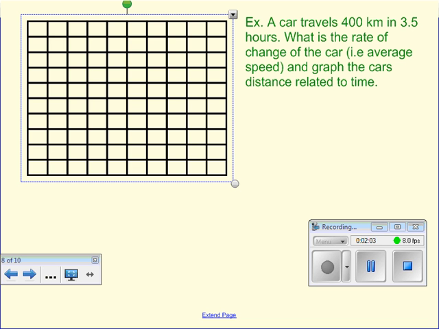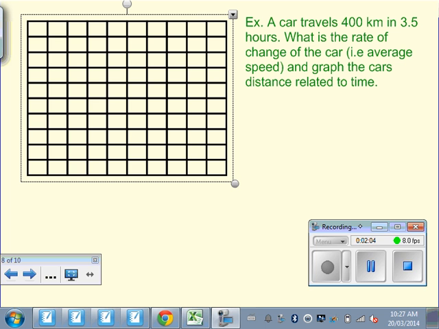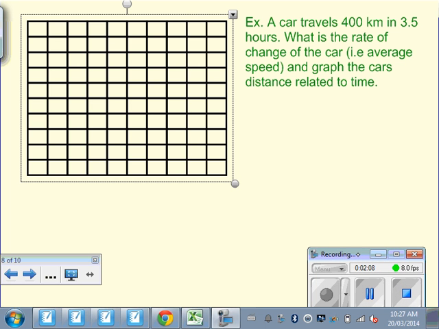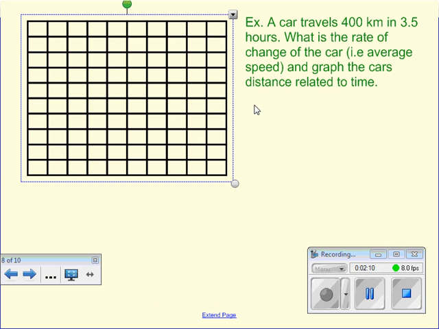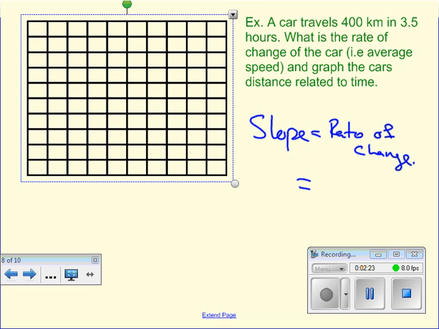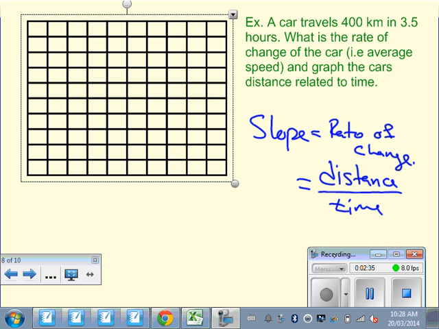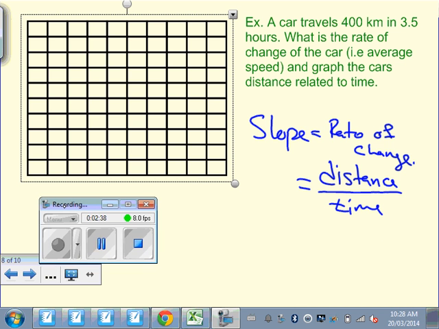Now, I'm going to take this down. My slope, in this case, is my rate of change. And that is going to be equal to the distance I traveled, which is my dependent variable, over the time it took. There we go.